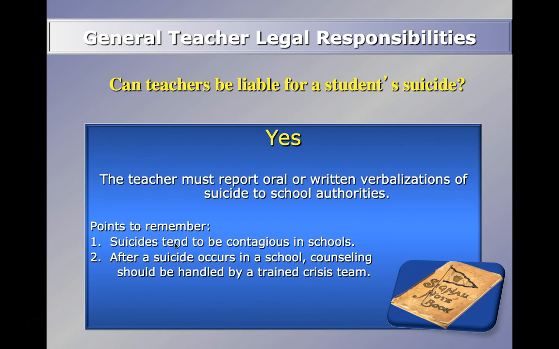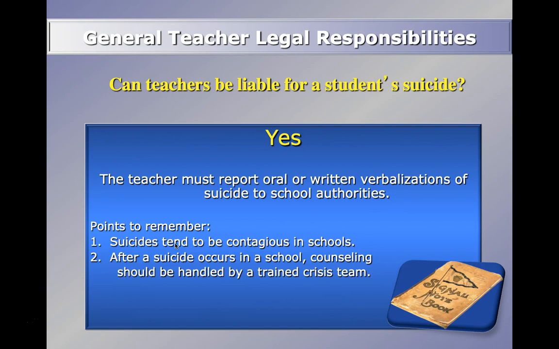and you don't report it to a counselor, and then he does take his life, I can see where a parent would come back on you, especially if you found out about what he wrote in his journals and you didn't report it. Suicides tend to be, research tells us, contagious in schools, so we always seem to have several students that they put on suicide watch too when one occurs.